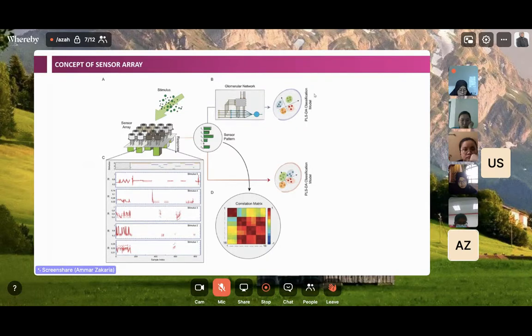They are using exploratory data analysis, which is PLS or PCA, right? When you have a lot of sensors, you can't process each of them individually. You need to get the pattern, and then from the pattern you group them accordingly, right? So this is some sort of group that you get, instead of looking at the single pattern.